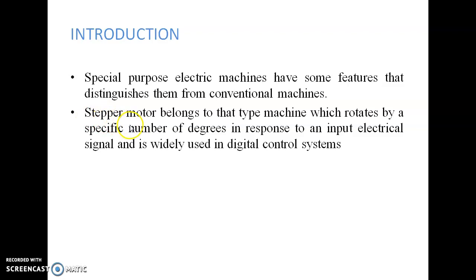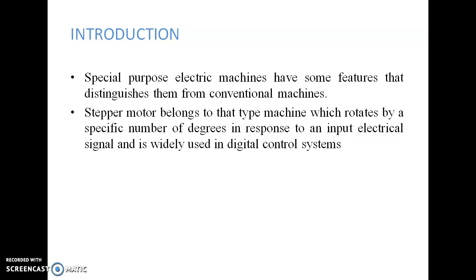We can say stepper motor belongs to that type of machine which rotates by a specific number of degrees in response to an input electrical signal, and it is widely used in digital control systems.